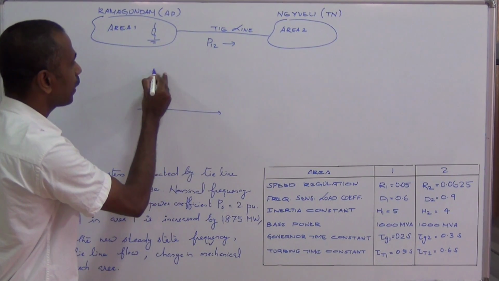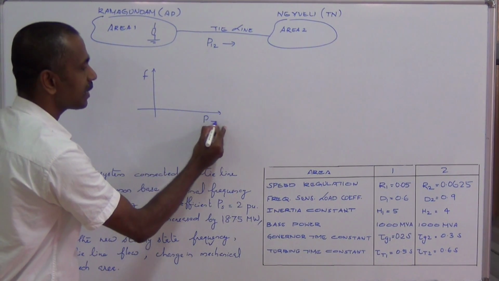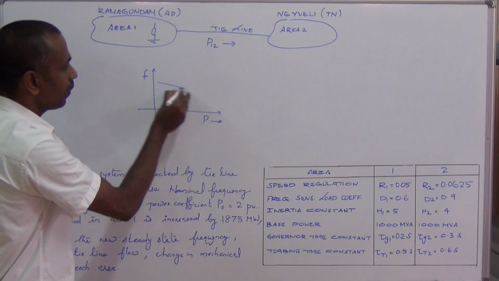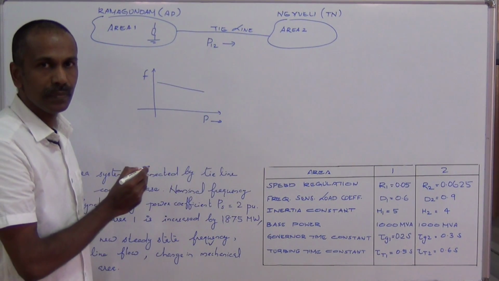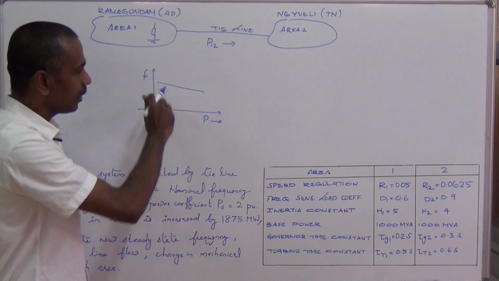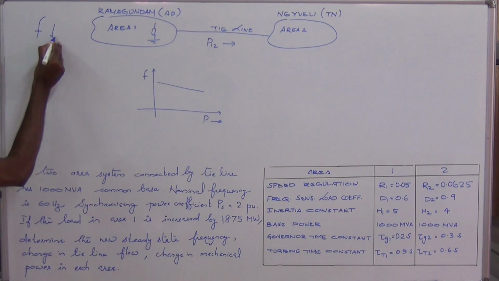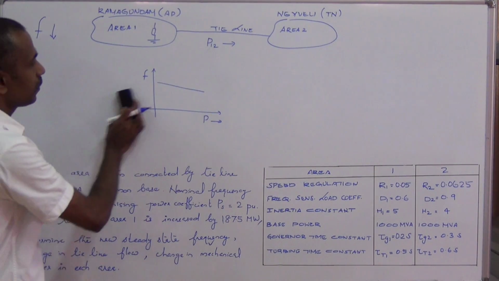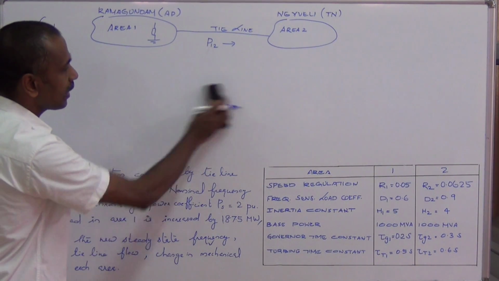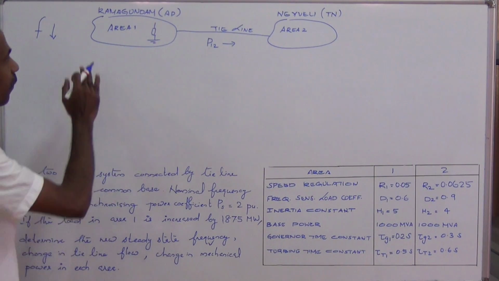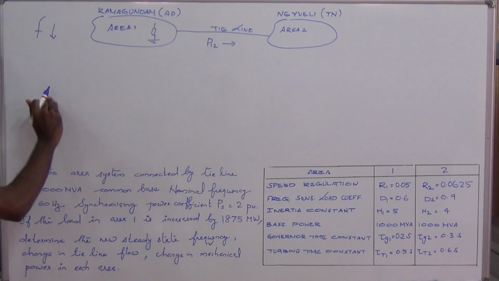This is our frequency versus power demand graph. When the power demand or the electrical load increases, the frequency drops. So in both areas, the frequency will reduce. These two areas are connected in parallel, so the frequency will be the same, but this frequency will reduce.